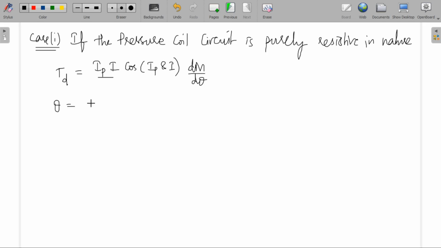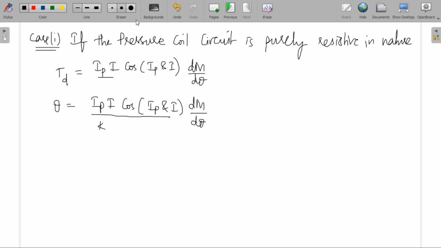Theta is equal to IP I cos of angle between IP and I, dM by d theta, divided by Kc or K. Now let us draw the phasor diagram if the pressure coil circuit is purely resistive in nature.